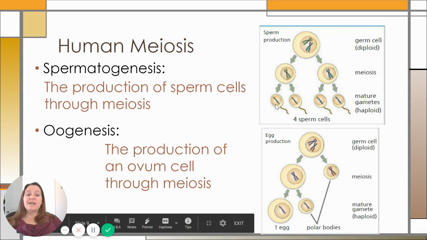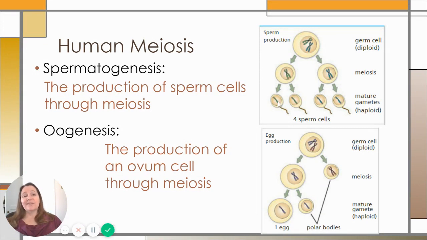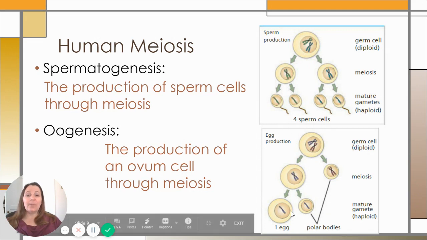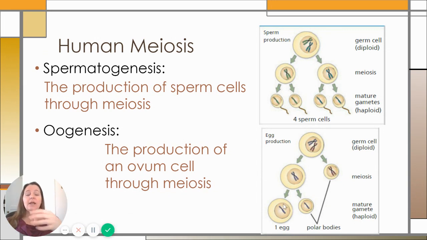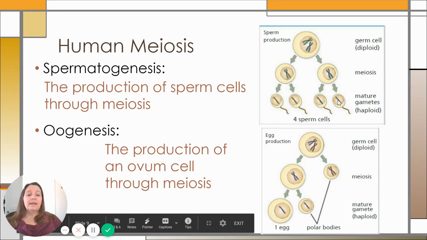For sperm cells, they really just contain DNA and some cytoplasm. There's no organelles involved. Which is why, when we talked about the mitochondria, all of the mitochondria you have in your body came from your mother, because all of those mitochondria were pushed into that one egg cell. There are no mitochondria in the sperm cells.